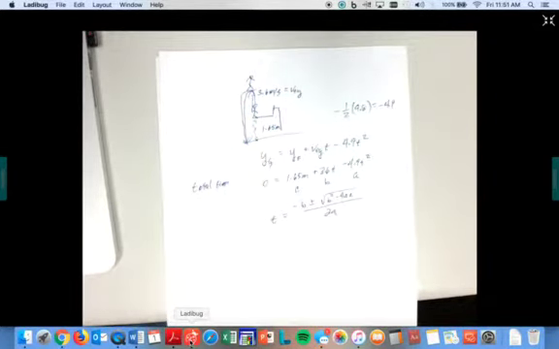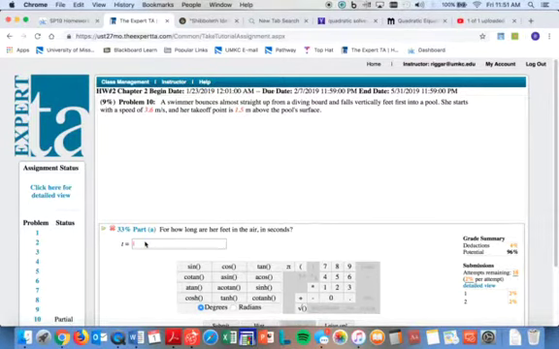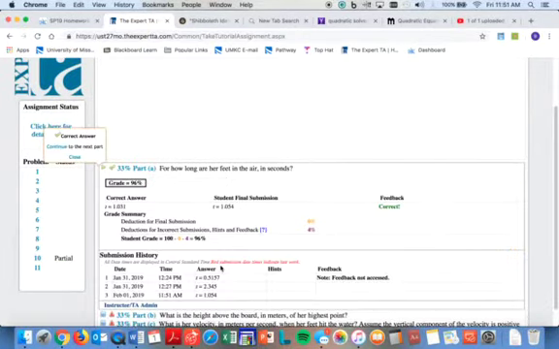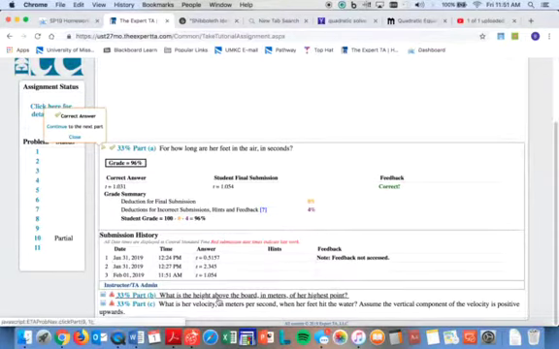That's back in time. So that never happened. And so the actual time then is 1.054.